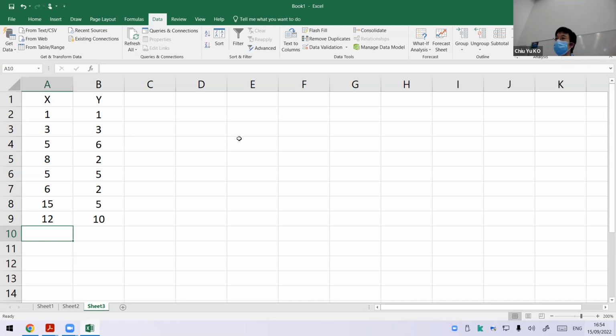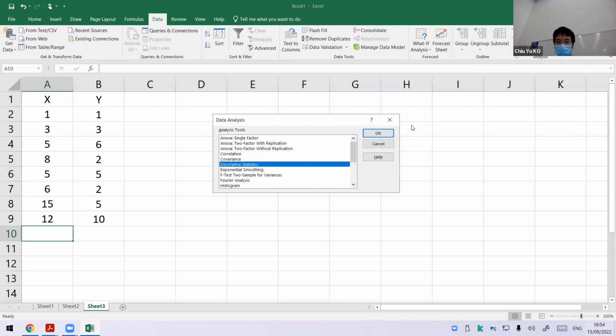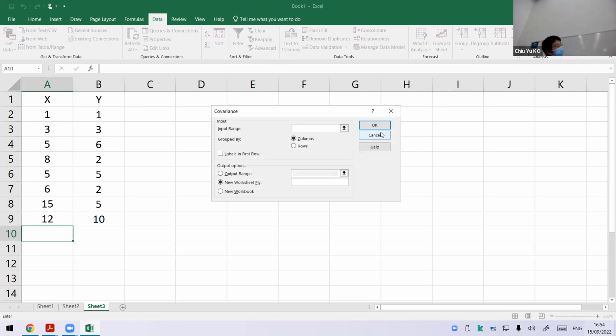So now I want to do covariance and correlation. I first do covariance. I choose covariance, and do the same at the input range.